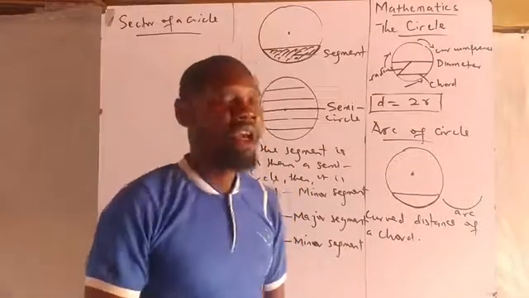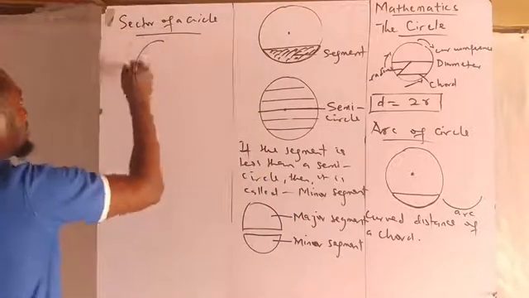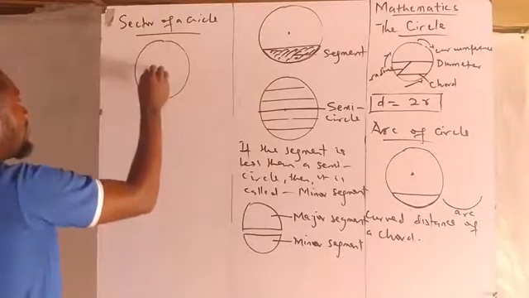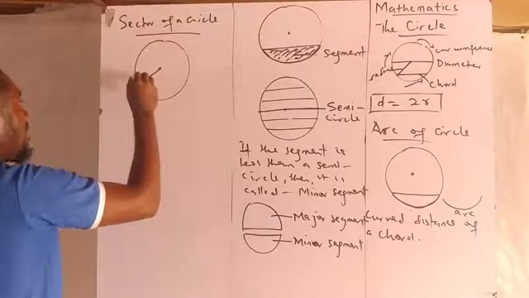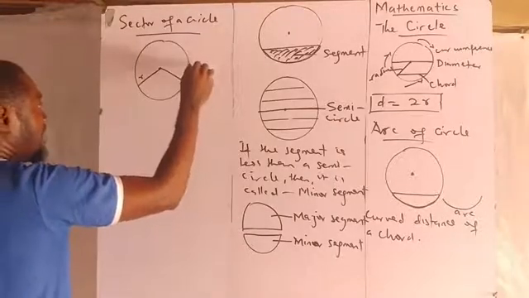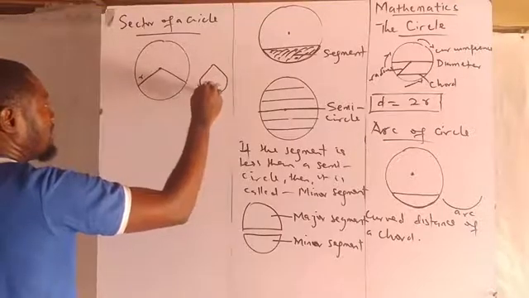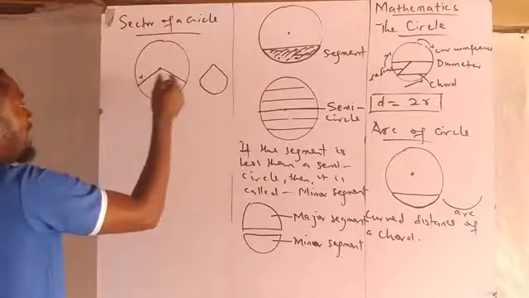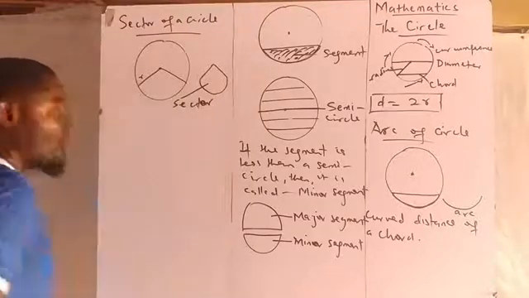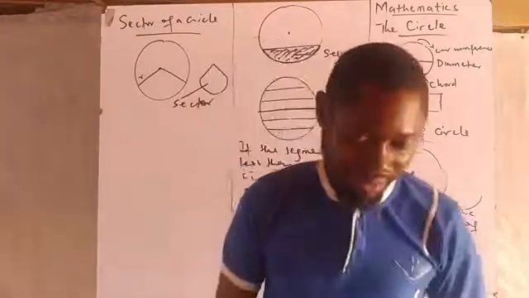That enclosure is called a sector. This is what I'm saying. You have the center of the circle. This, a radius, another radius. This enclosure that we have there is called a sector.